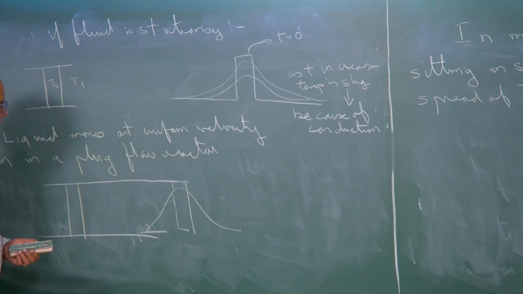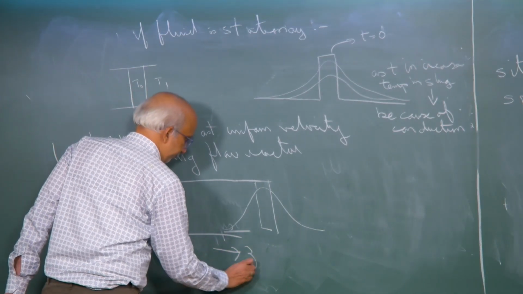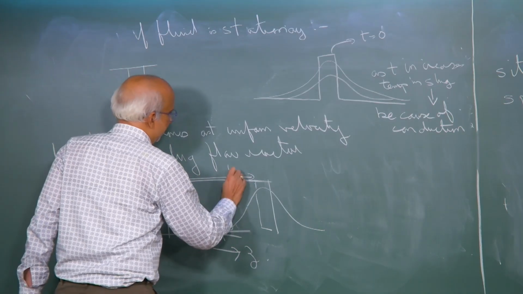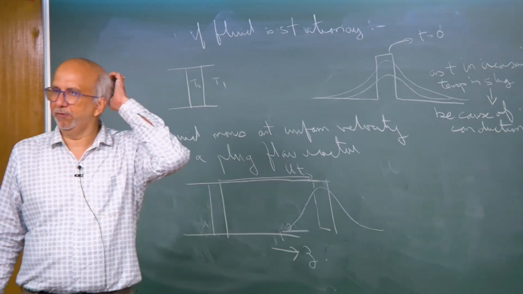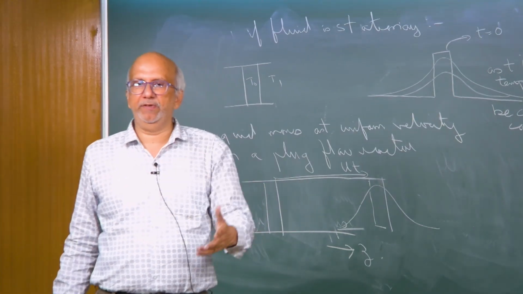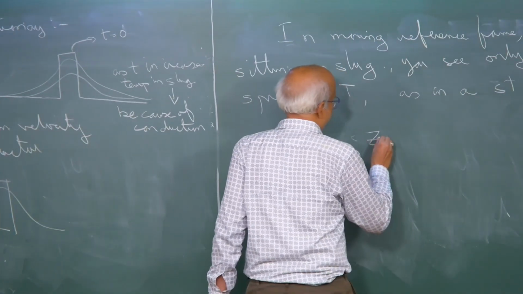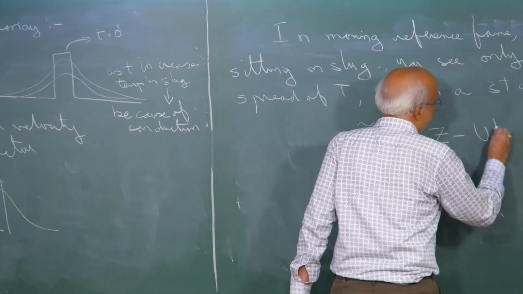Now, so what do they mean by moving reference frame? This is Z, okay, and at time t you have moved a distance of ut, okay. So in the moving reference frame, I am going to define a new coordinate Z tilde as Z minus ut.